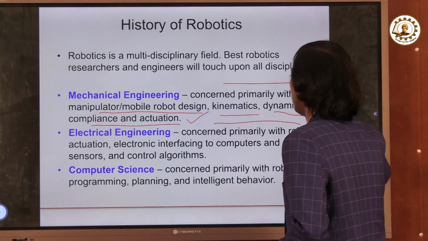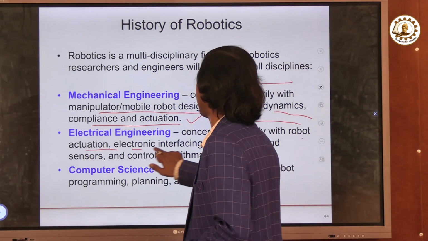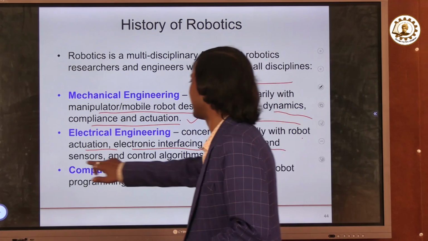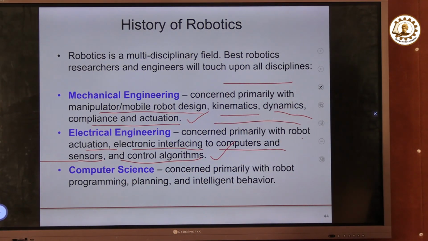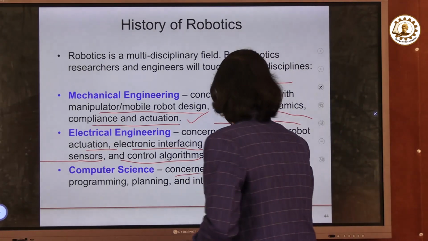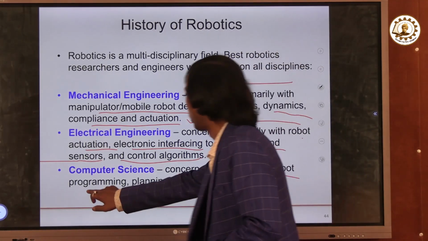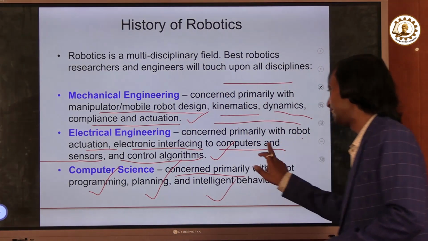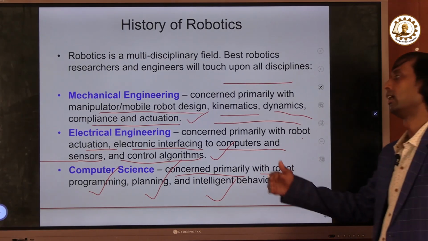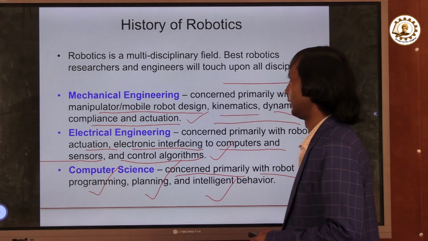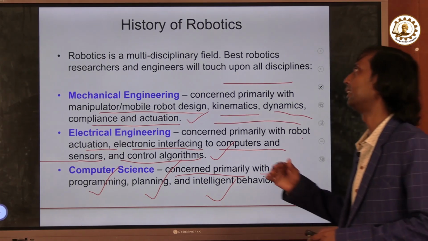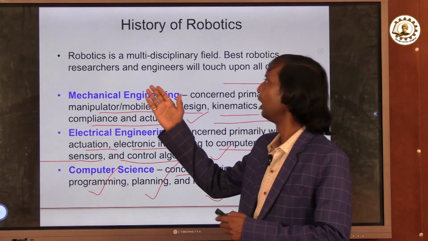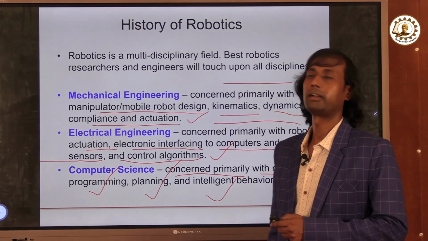Then concern primarily with robot actuation, electronic interfacing, computer and sensors and controlling algorithms is part of electrical. And then concern primarily with robot programming, planning and intelligent behavior is under the computer science department. So if we mix these three departments, then robotics actually came.